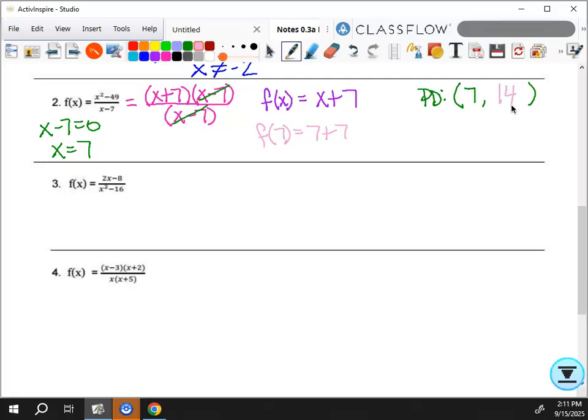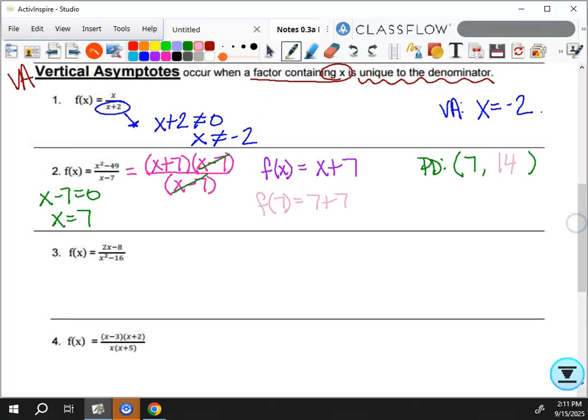Like here, there wasn't a hole, so I didn't worry about it. But if I end up with one, I'm not going to just ignore it, because I don't want y'all to get used to it coming up and you ignoring it. Because if you cancel something out, that gives you a hole. That's how you know. Okay. Good question. What else we got?